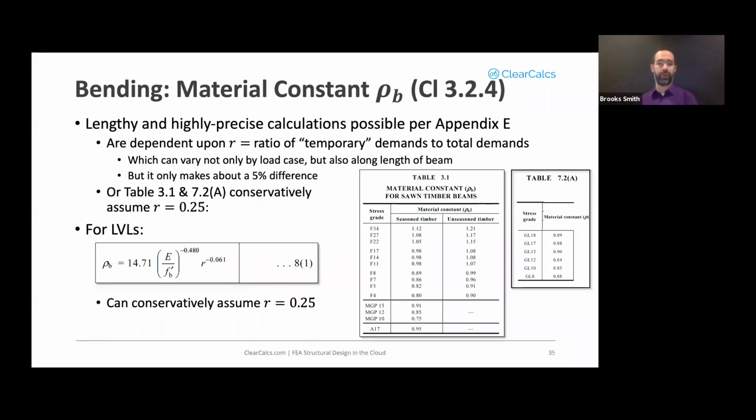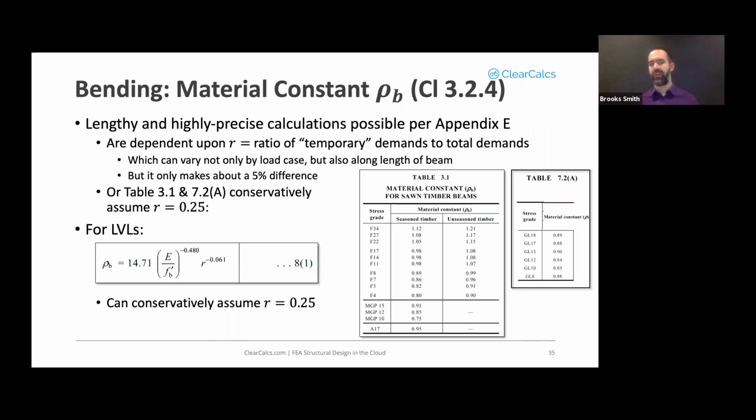So first, the material constant here. There's a lengthy and very precise calculation that you can do in Appendix E of AS1720.1 that will give you a really precise rho sub b value. But those formulas are dependent upon the factor R, which is the ratio of, quote, temporary demands to the total demands on your member.